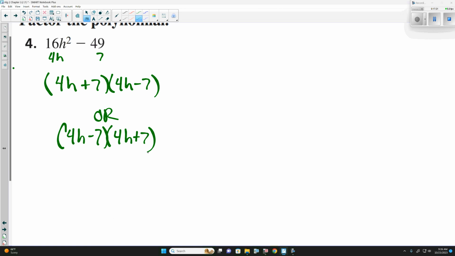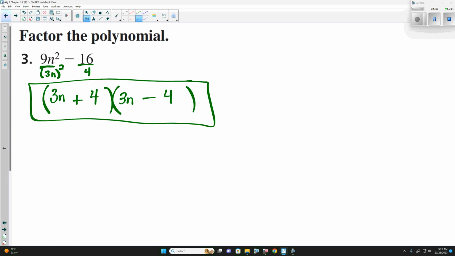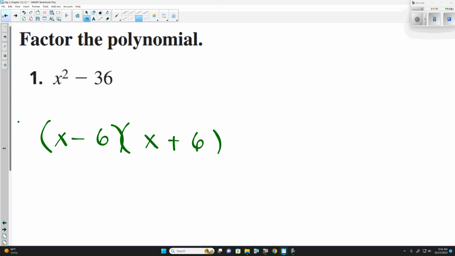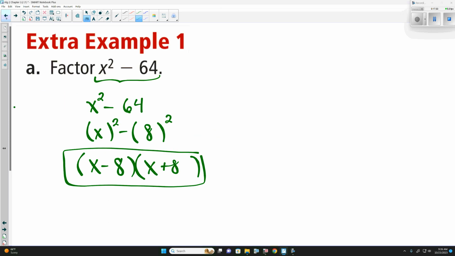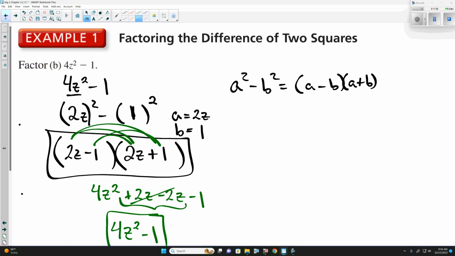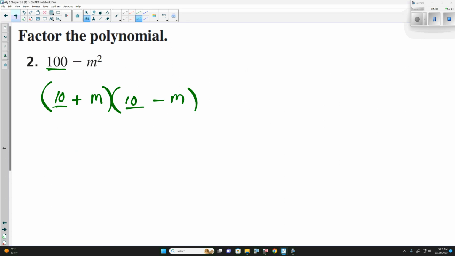Yes? When we had the number first, why did it have to be plus and then minus? For here, the m went second because it's second here. Oh yeah, but why did we have to put the plus?